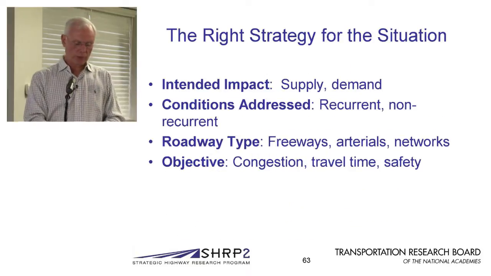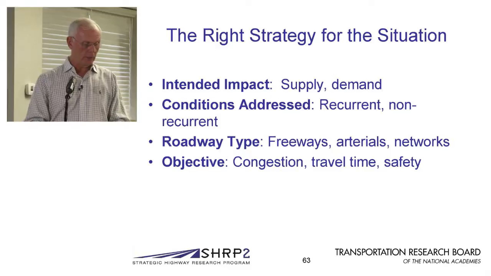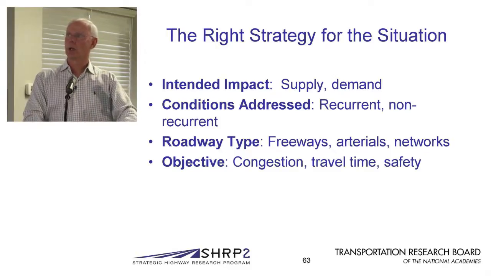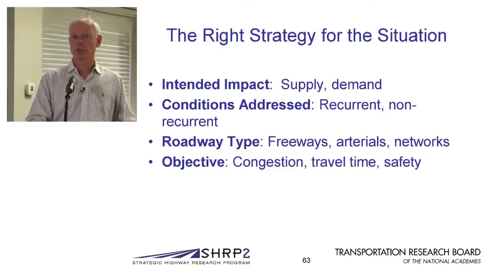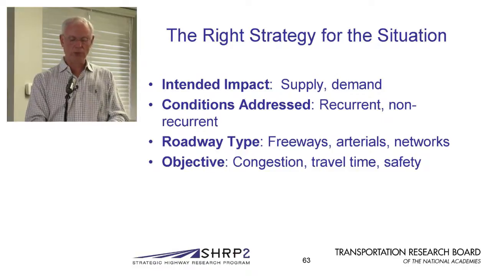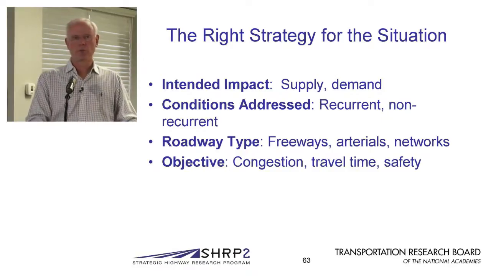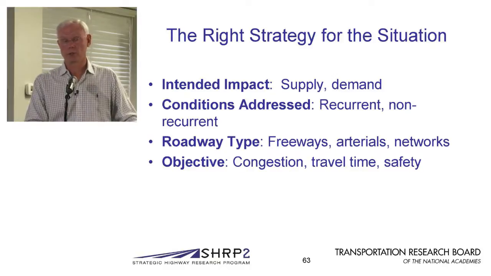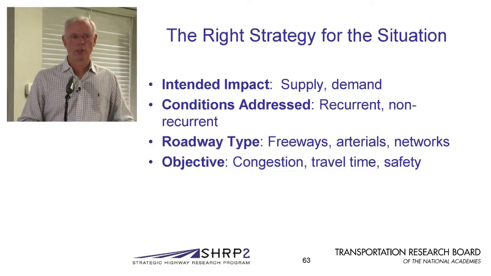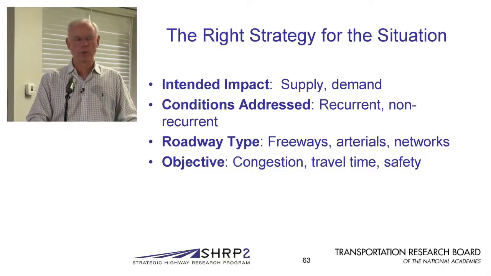I think it's important, and we'll talk about this a little bit, to think about selecting the right strategy for whatever it is that your situation demands. And not unlike how we've all been trained in terms of transportation planning or systems engineering or whatever other similar process, the right way to think about it is to start by thinking about what the problem is, what your goal and objectives are in terms of solving that problem, and then fitting the correct strategy to address those situations.